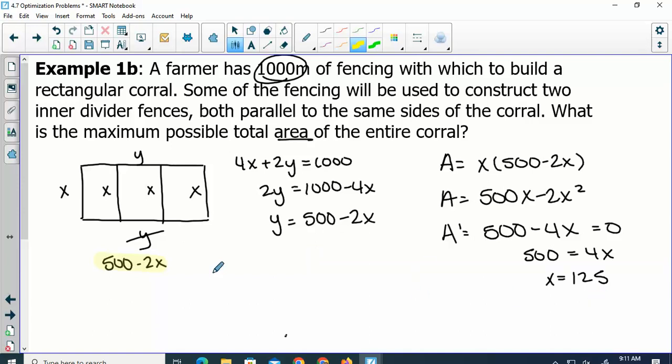If I plug in my 125, what do we get for our y? 250. So those are all reasonable numbers. But I asked you for the area. So what do we do with those?